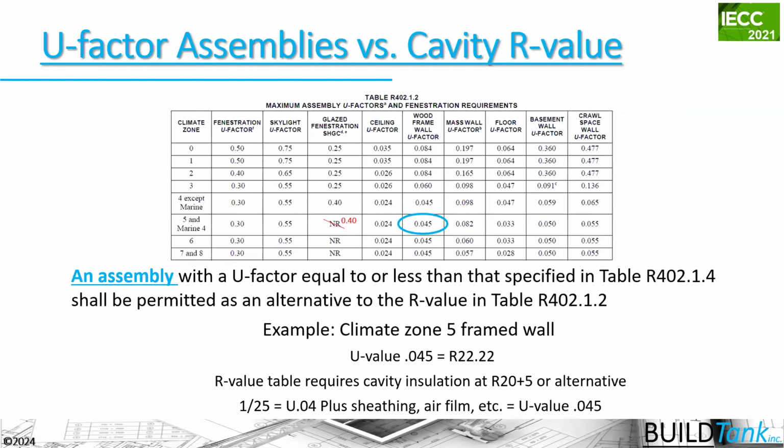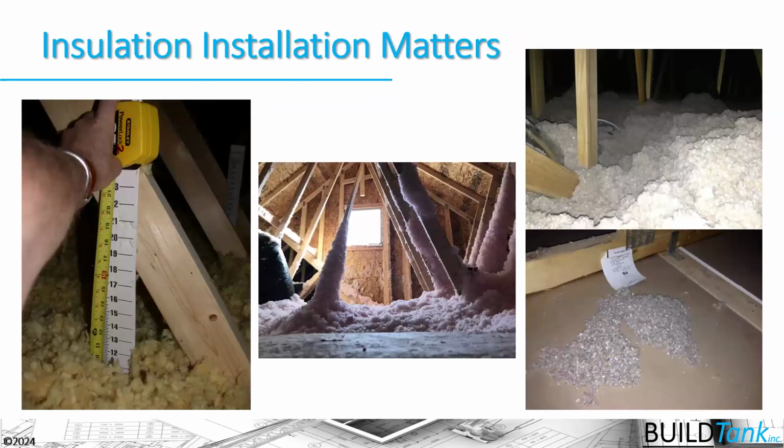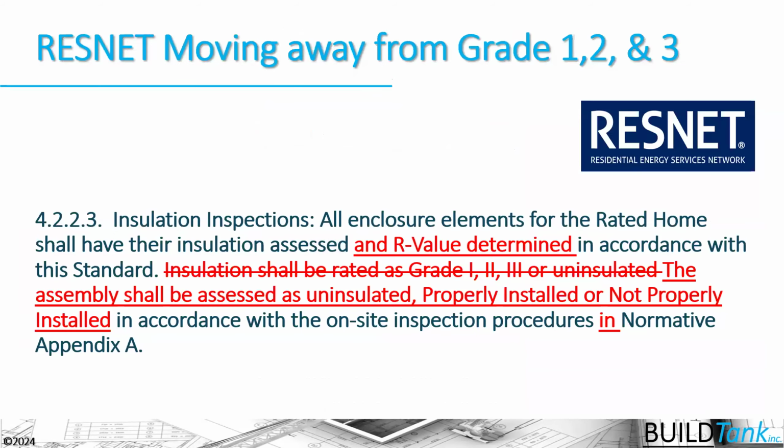What really matters more than that is the installation of the material. How are we going to install it to get an assembly that actually works as described by our building thermal envelope? Now, I made a quick reference earlier about ResNet and ResNet's grading system. Some of you might have heard of grade 1, grade 2 and grade 3 installation.